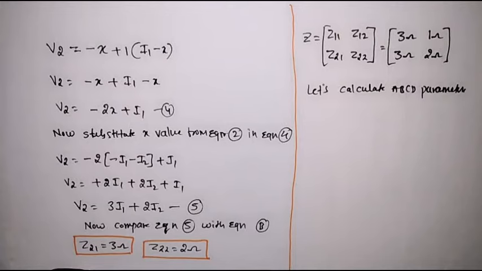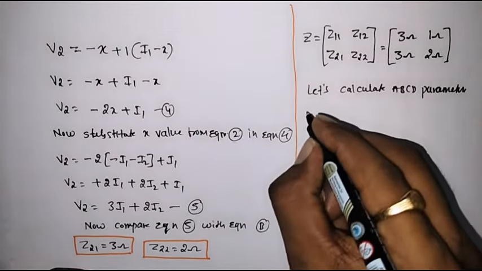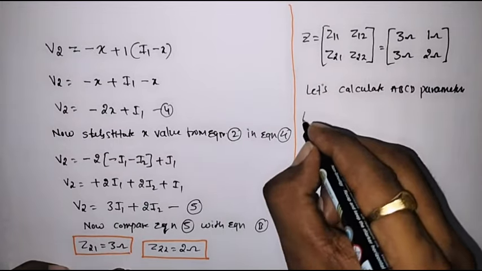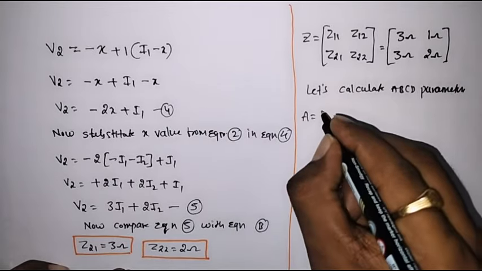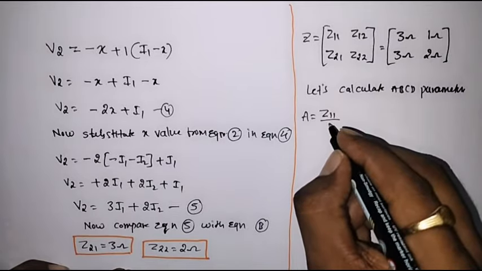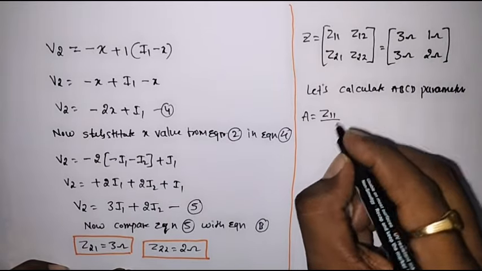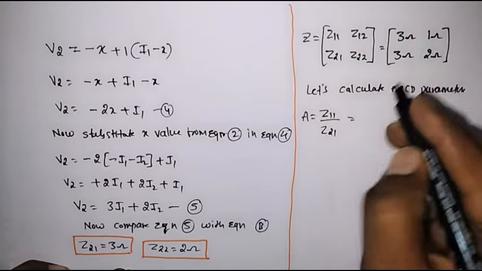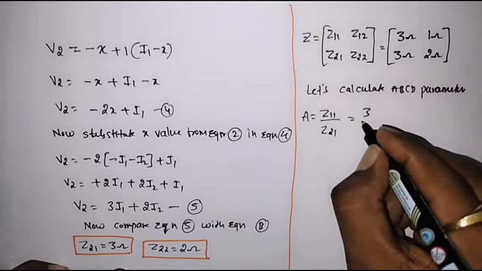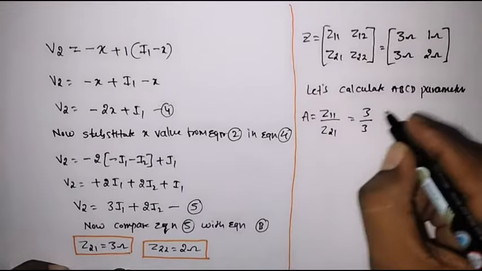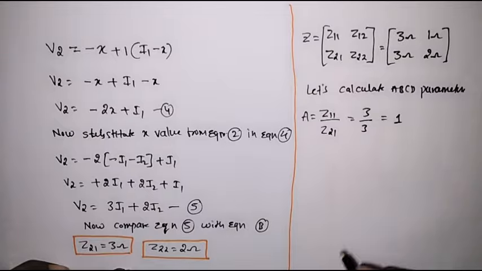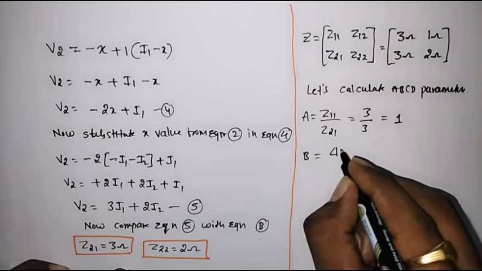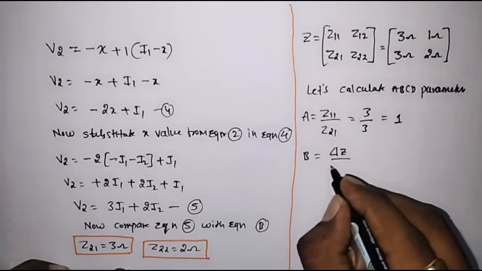Let's calculate the ABCD parameters. We know that by using the interrelationship formula between A and Z, we can write A is equal to Z11 by Z21. Z11 value is 3, Z21 value is 3. Therefore A value is equal to 1. Next, B is equal to delta Z divided by Z21.